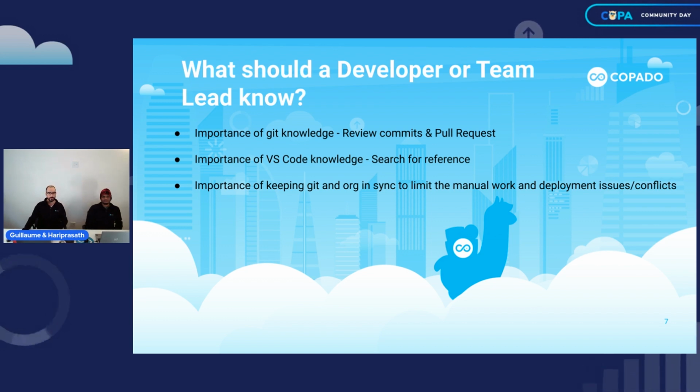It's also really important to keep Git and your Salesforce org in sync, so that you don't lose anything when you deploy, or cause any issues like conflicts. Again, in the demo, we'll talk about how to make sure to keep your things in sync.